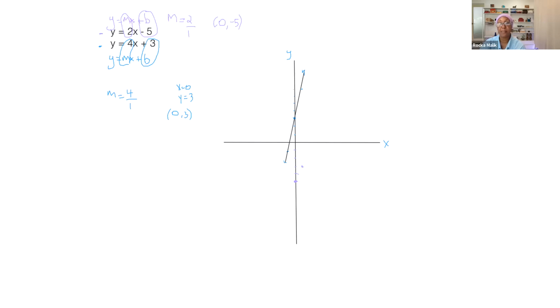Or I could do the opposite of both and go down 2 and to the left 1. Okay. So this is my line for this one. And then I'll try to extend this one.